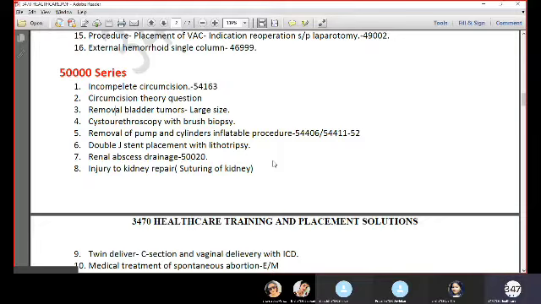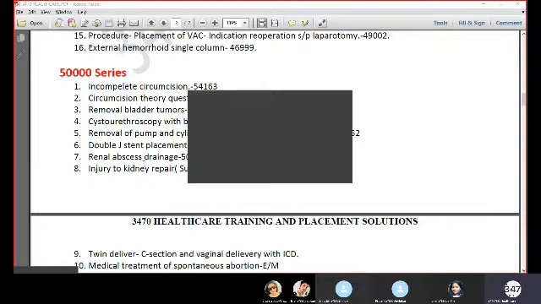So this one you have to know. Suppose they are doing circumcision by surgical excision on a 25 days old patient.